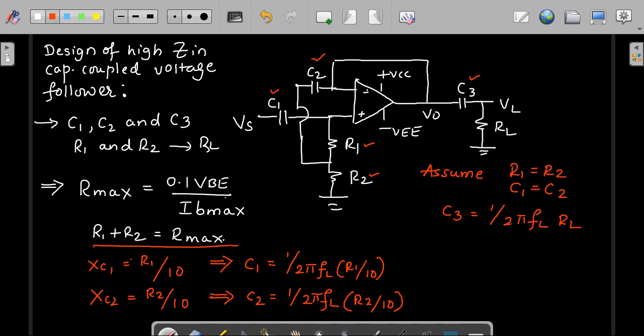Now, with this background, let us look at one example here. If you have completed noting down these things, let me take one example.